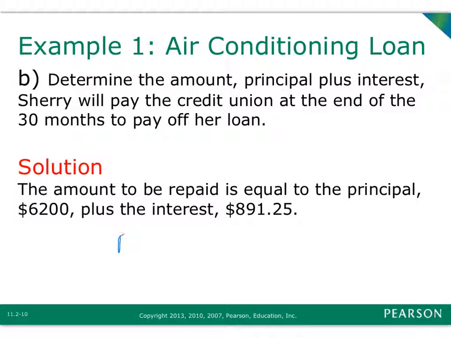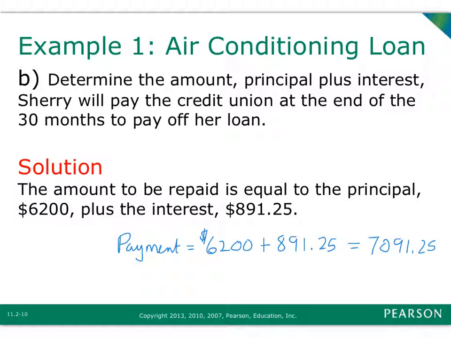So the payment is equal to 6,200 plus 891.25, and this is equal to $7,091.25. That's what she has to pay.